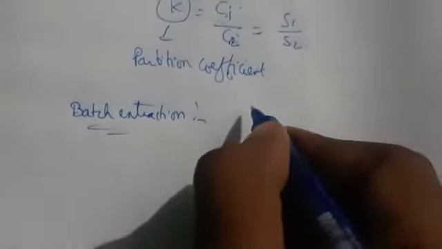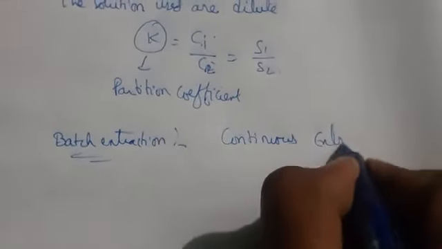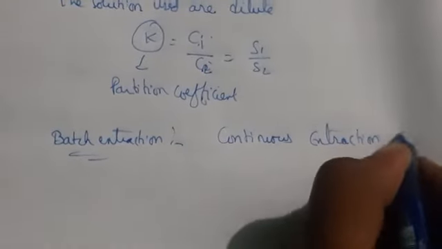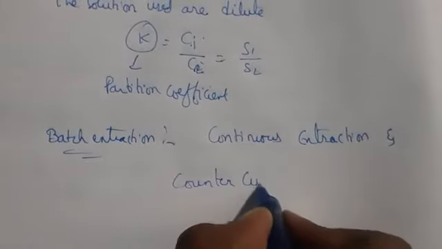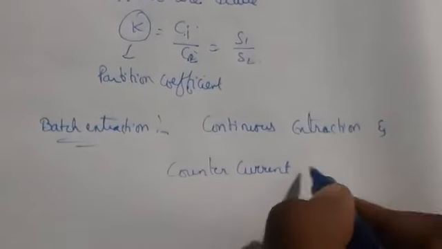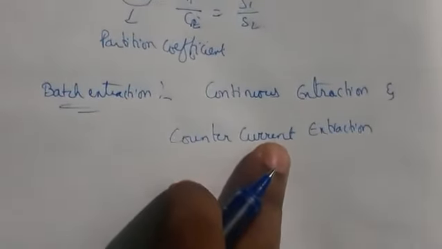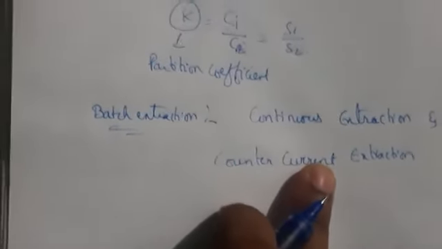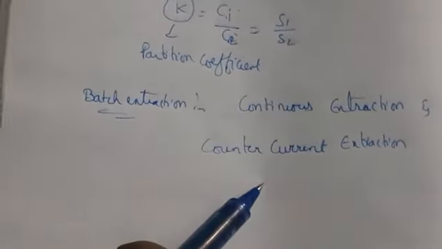The first one is batch extraction, then continuous extraction, and counter current extraction. These three are the extraction processes we are going to have. In the next class we can discuss batch extraction, continuous and counter current extractions.